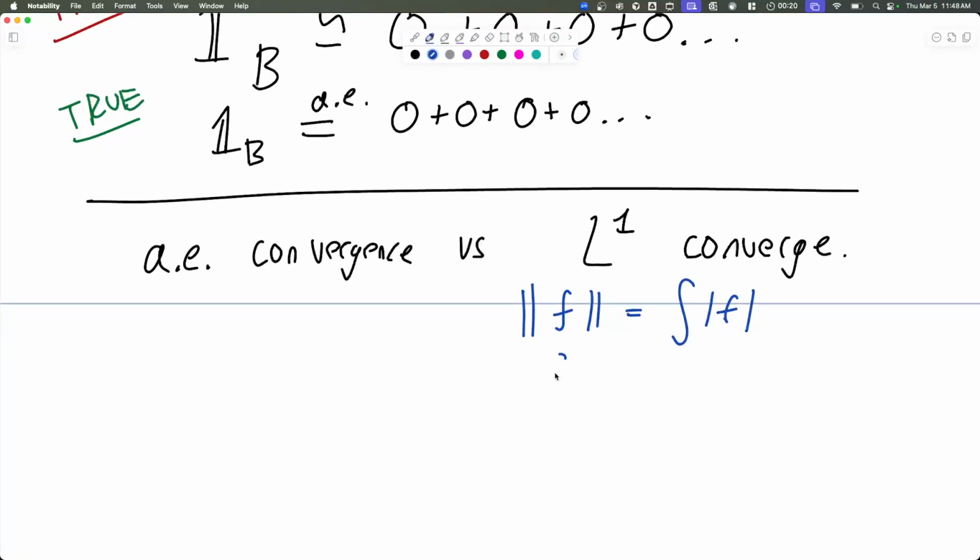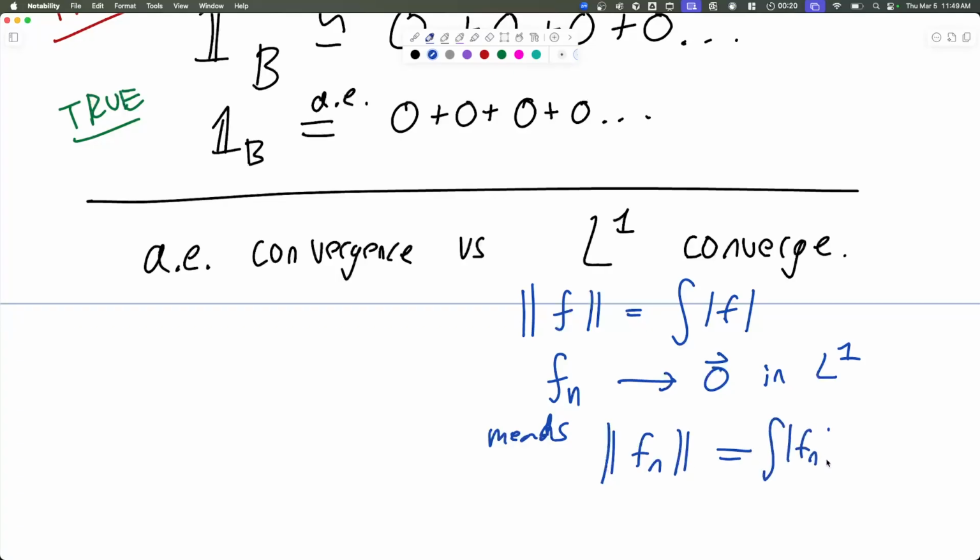And we say Fn converges to 0 in L1, and by 0 I mean the 0 function, the 0 vector, means the integrals are going to 0. So the integral of the absolute values of the Fn's converge to 0, the number. So for functions to converge to 0 in L1, they must have integrals that are converging to 0.